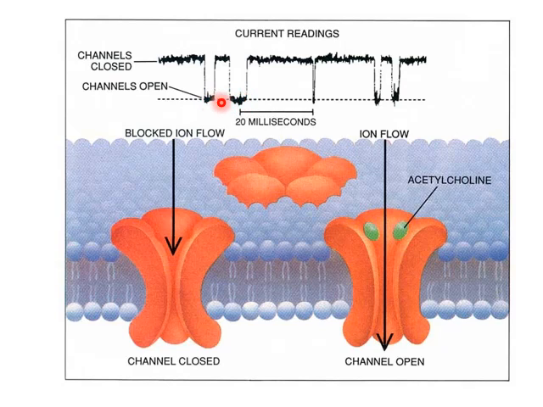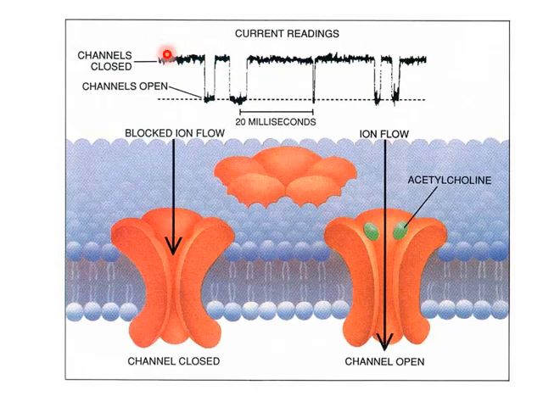Now the fact that we record a negative current when the channel gates open is a convention of the patch clamp technique, and we'll talk about this later, but a negative current indicates that positive ions such as sodium are flowing from the outside of the cell through the open pore to the inside of the cell. Now we can learn two very important things about the properties of ion channels based on these patch clamp recordings.